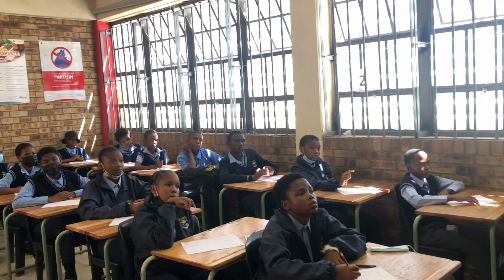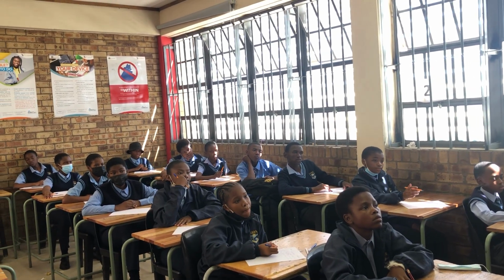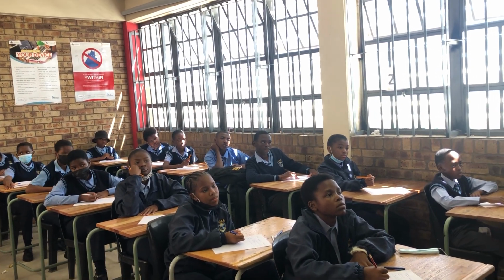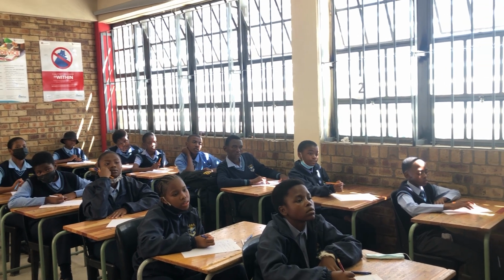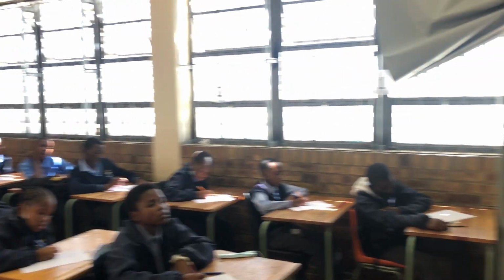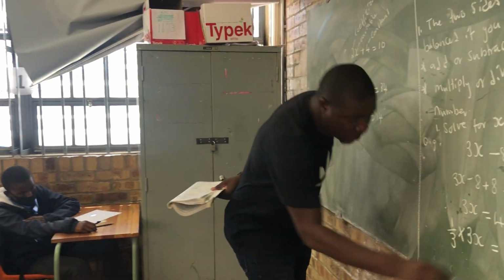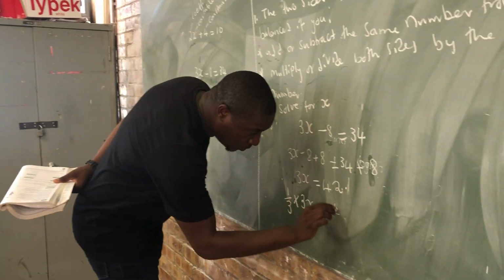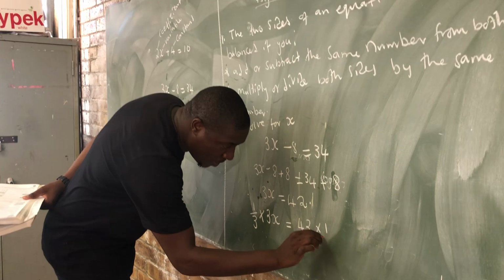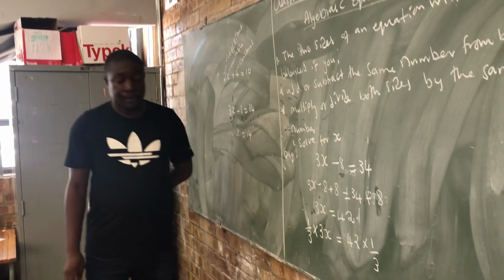Because when you multiply them, you get 1. Therefore, we multiply both sides by 1 over 3: 1 over 3 multiplied by 3x equals 42 multiplied by 1 over 3.